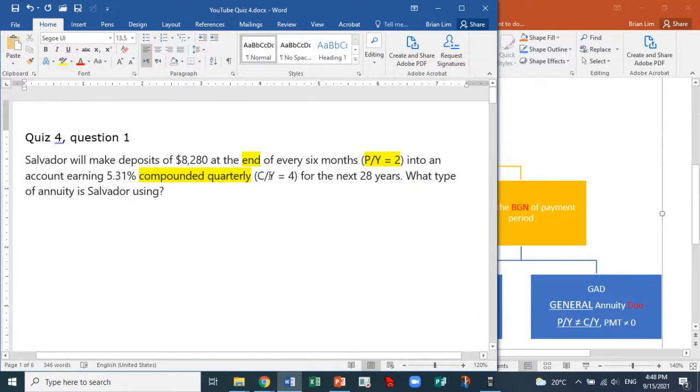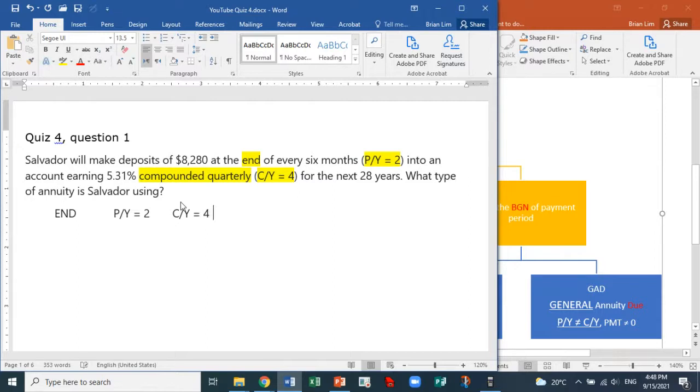Okay, so here we are, we have PY and we have CY. So those are the important quantities. All right, so let me list them here. So they are end, so it's the end of the period. And then we have PY is equal to 2. And then we have CY is equal to 4.